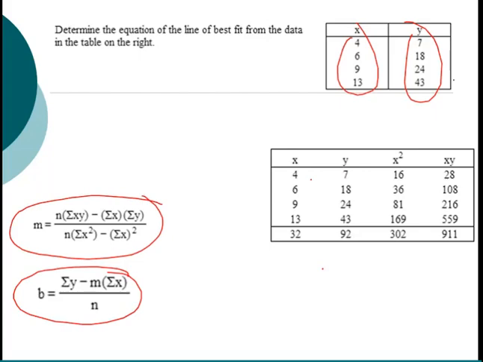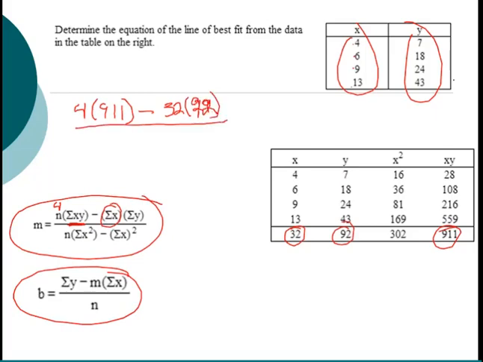So first of all, there's 1, 2, 3, 4 numbers. So that means my n is 4, and the sum of xy is over here, that's 911. So we've got 4 times 911, minus the sum of the x's, which is 32, times the sum of the y's, which is 92.